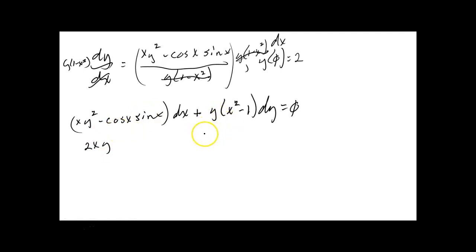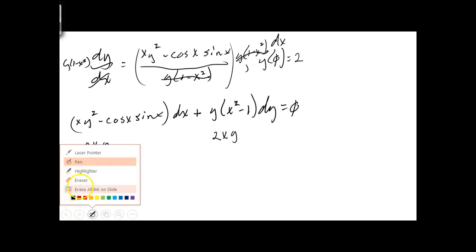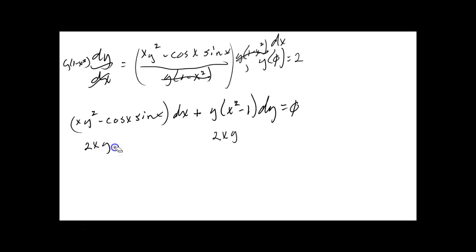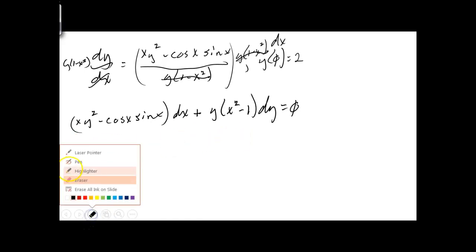Over here, it would be partial of this with respect to x, and that would be 2xy. And that's it. So yeah, those two are equal, so this is an exact differential. So the test passed, so let me get these off the screen just so we can proceed from here.